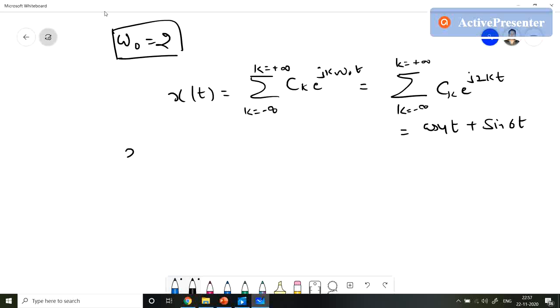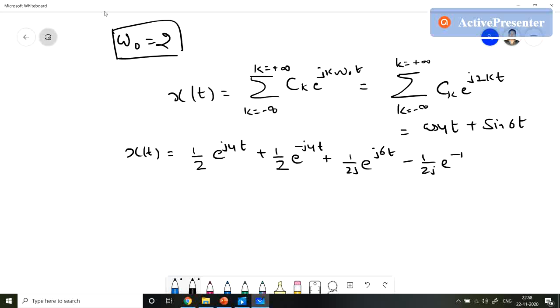Now x(t) we can write by using Euler's identity as 1 divided by 2 e raised to the power j4t plus 1 divided by 2 e raised to the power minus j4t plus 1 divided by 2j e raised to the power j6t minus 1 divided by 2j e raised to the power minus j6t.